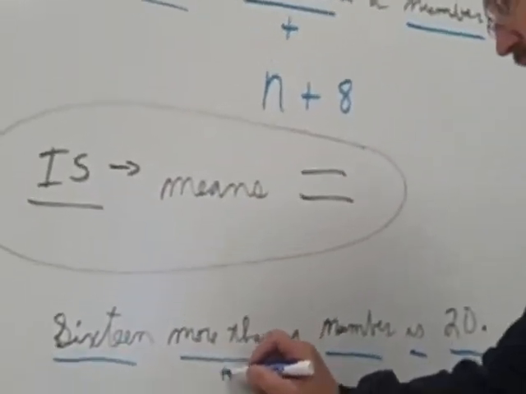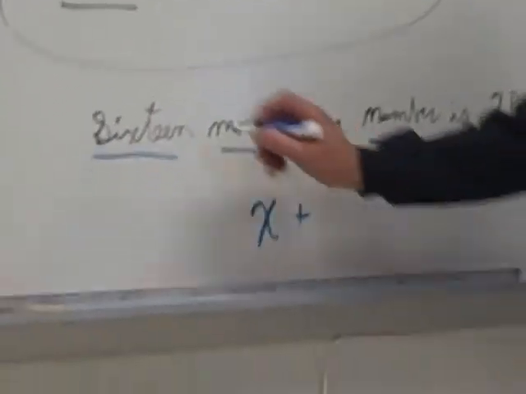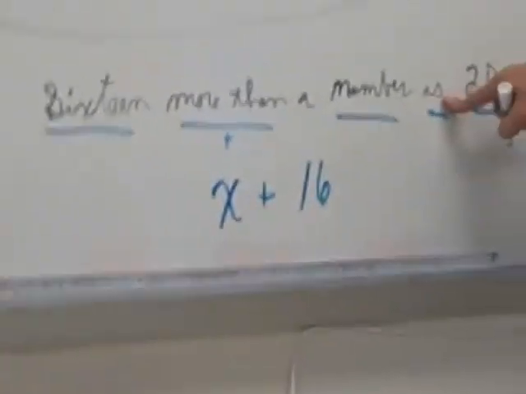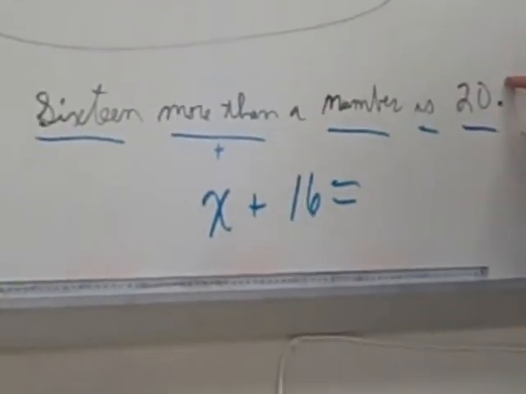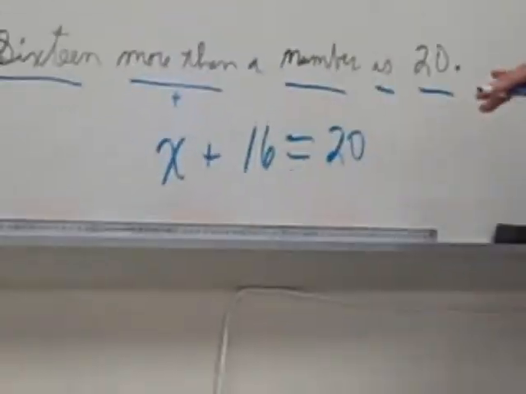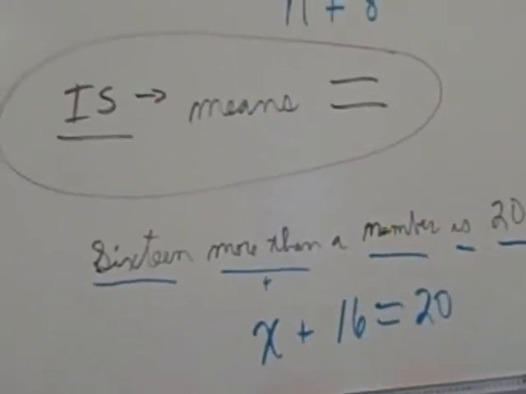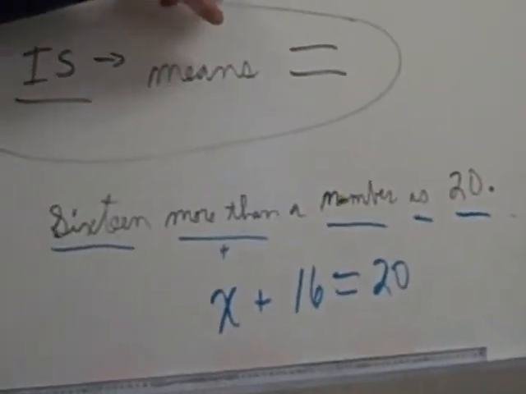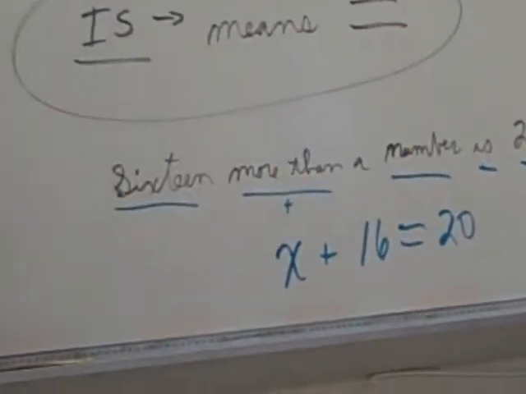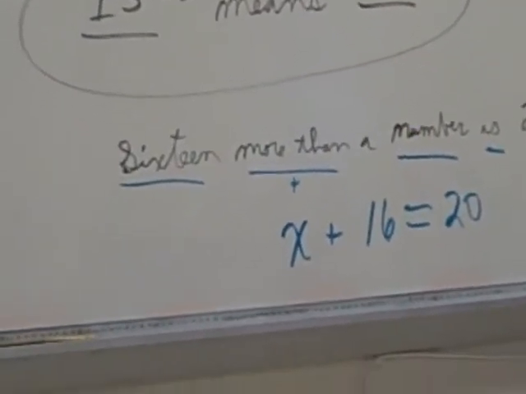Number. Okay. So x, what does more than mean? Plus 16. The word is equals 20. Now we have an algebra equation instead of an algebra expression that does not have an equal sign. Everybody see the difference there?